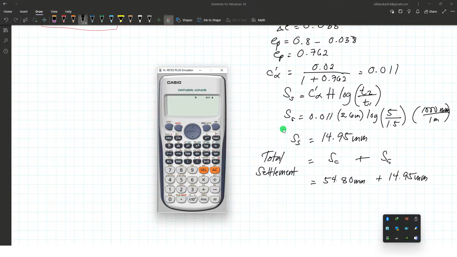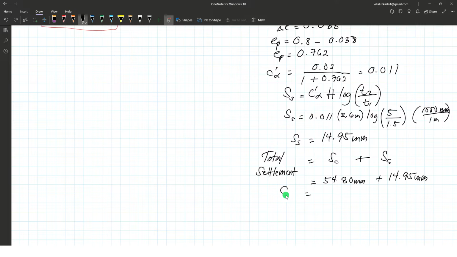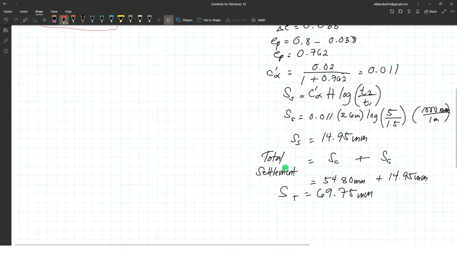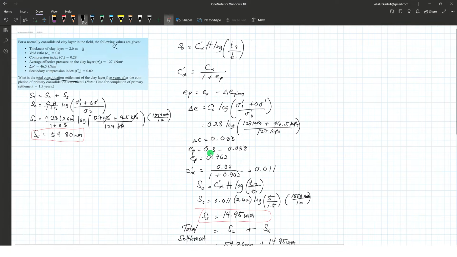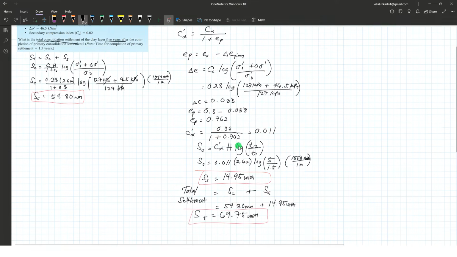Okay, so the answer is 69.75 millimeters. That's your final answer for the total settlement. So that's how we solve total settlement, which includes secondary consolidation settlement. Okay, so that ends our lecture.